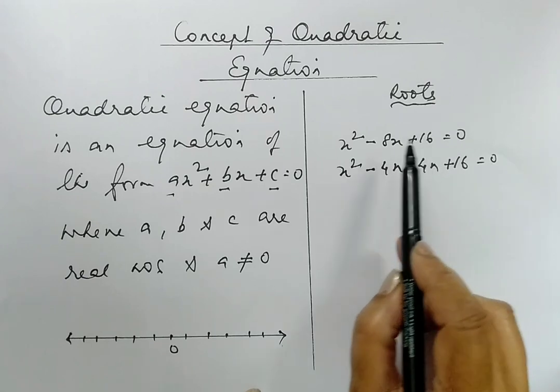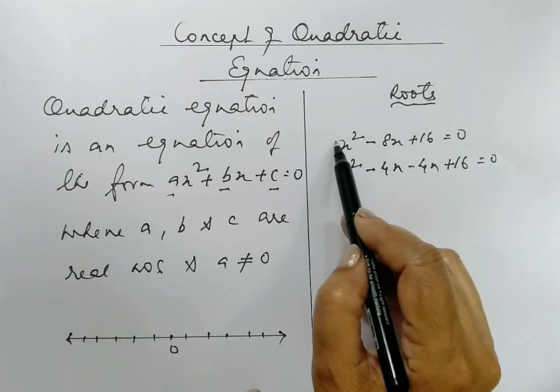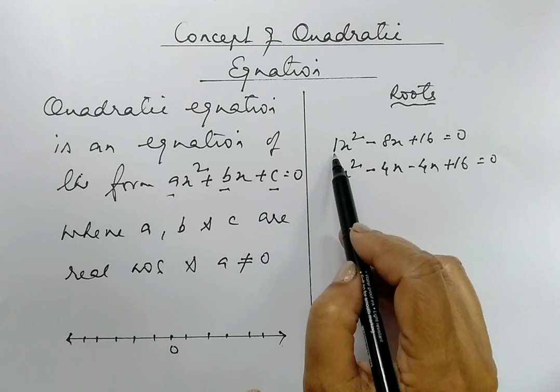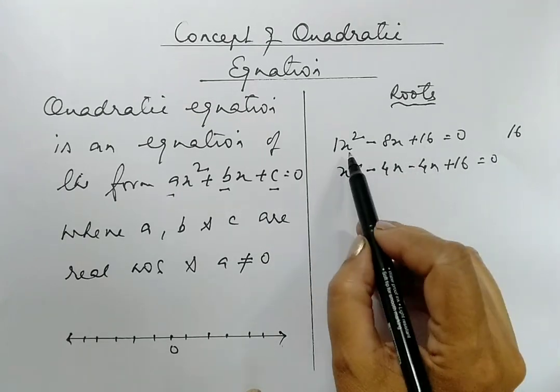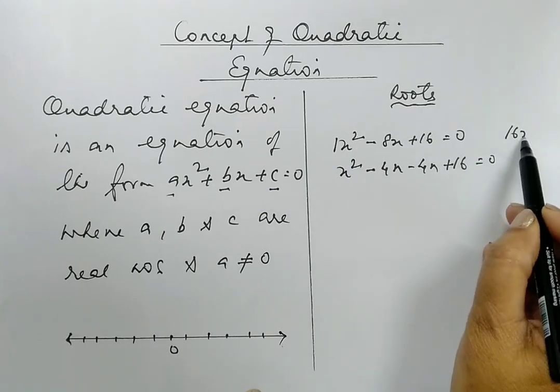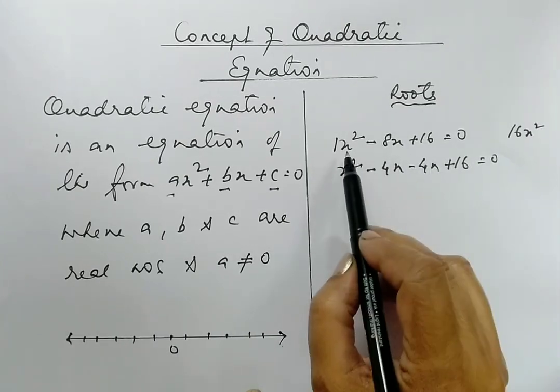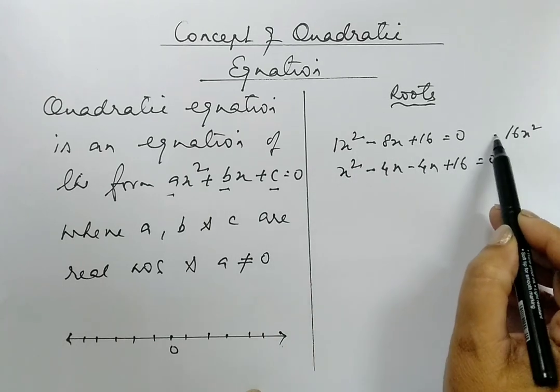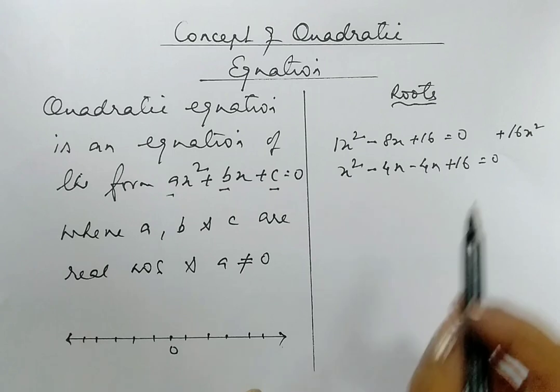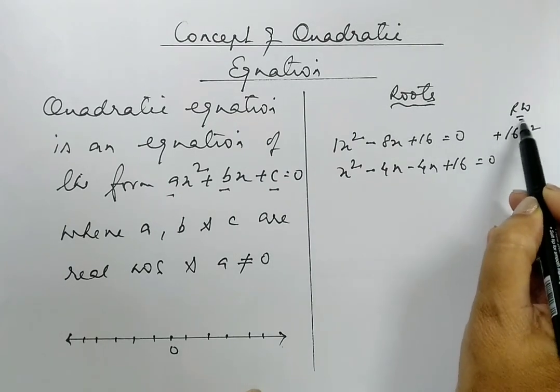Because 16 multiplied by the coefficient of x square, which is 1, will give me 16x square. This is my rough work column.